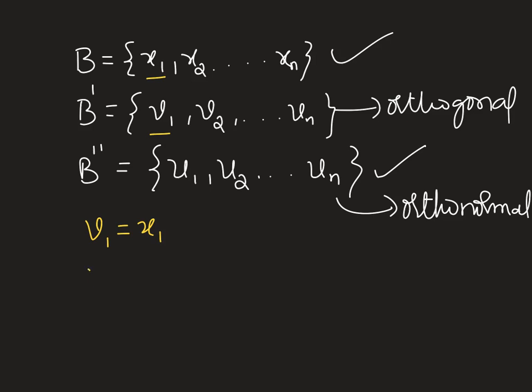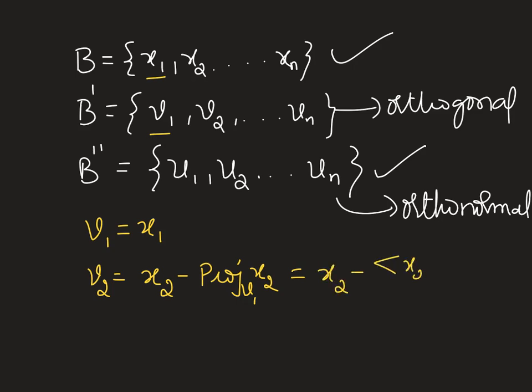Next, the second vector v2 is the subtraction of the projection of x2 on v1 from x2. This can also be written as x2 minus the inner product of x2 and v1 divided by the inner product of v1, v1, times v1.